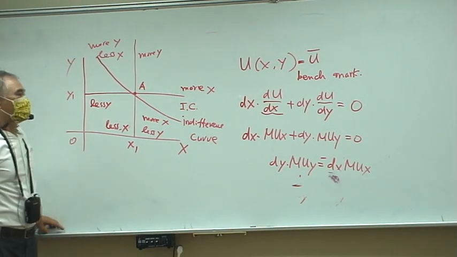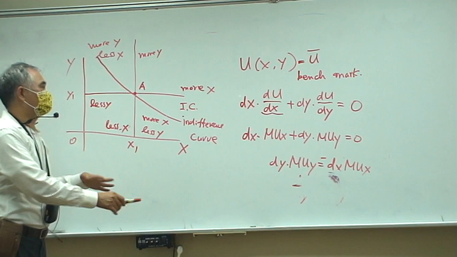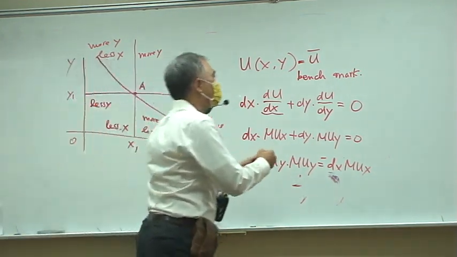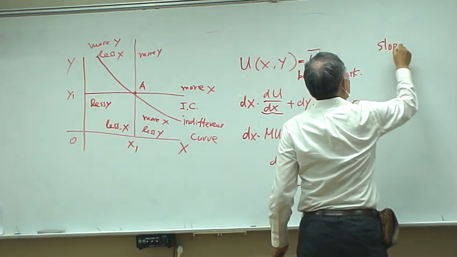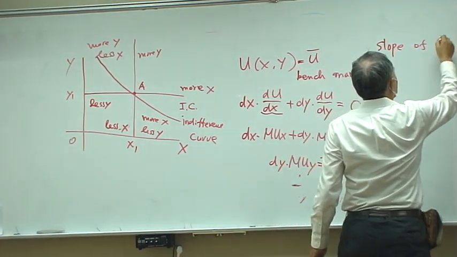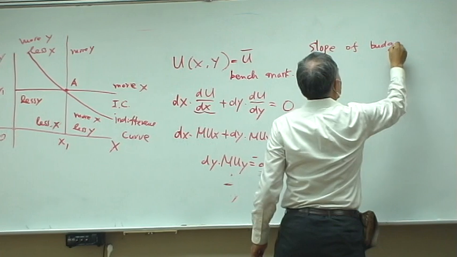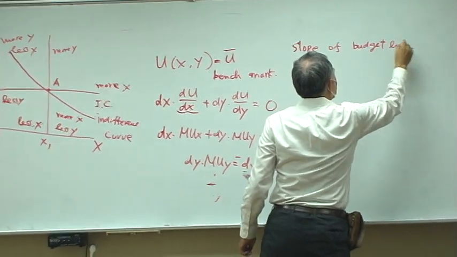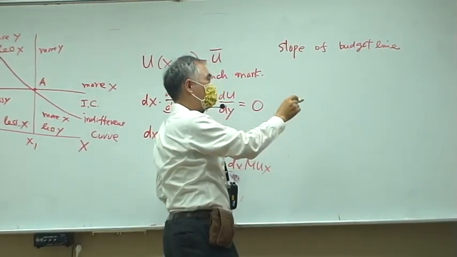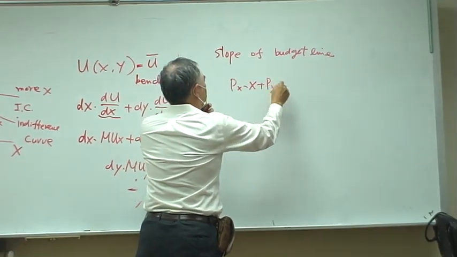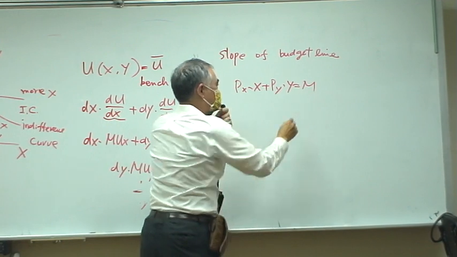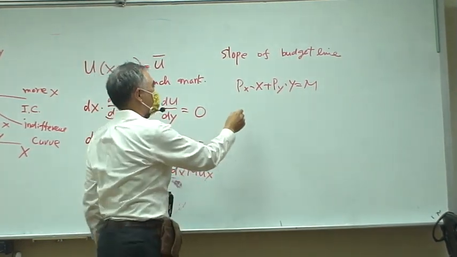We forgot to mention the slope of the budget line. The budget line is px times x plus py times y equals, let us say, m.